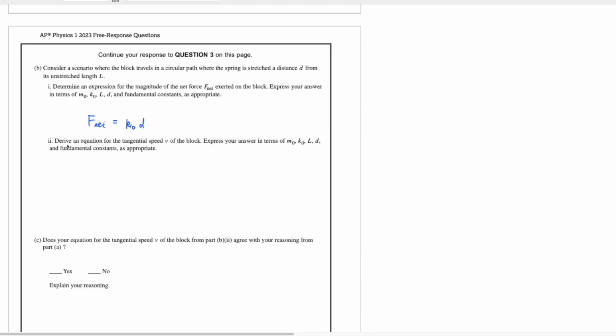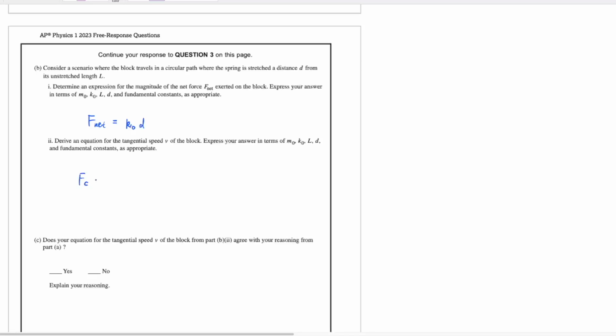B2, derive the equation for the tangential speed v of the block. Express the answer in terms of M naught, K naught, L, D, and fundamental constants. So this is something we just did. Let's do this one more time. Tangential speed is related to the centripetal force.